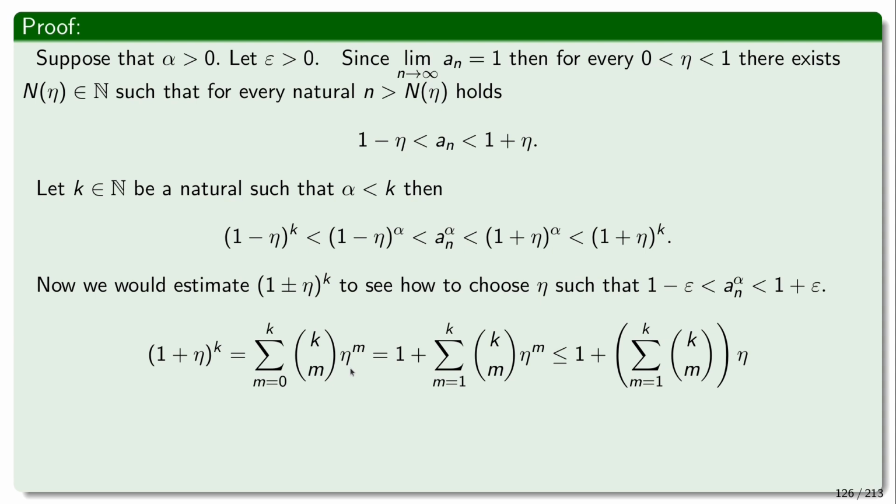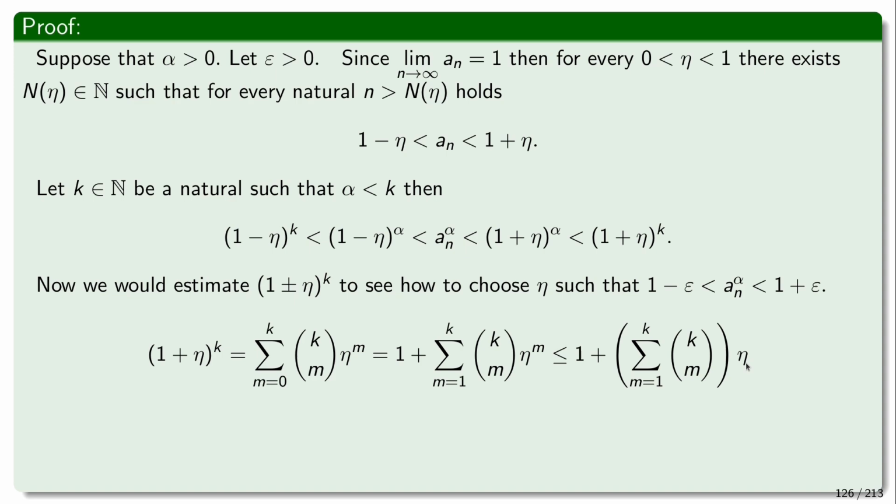Because eta is smaller than 1, then eta squared is smaller than eta to the power of 1, etc. And the first term, when m is 0, is 1, and we factor it out here. So when m is 0, we have this 1, and then all the other exponents from 1 to k are strictly positive. And now we can say that this sum is smaller than that, right?